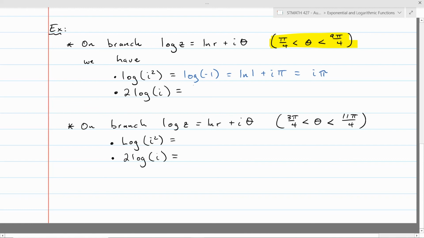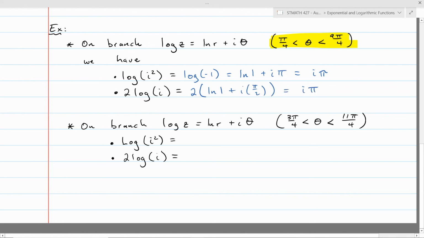And then if you do 2 times log of i, for i, the angle is pi over 2. That's the right angle in this yellow region, right? So I'd get 2 times, and then the modulus is again 1, plus i times its angle, which is pi over 2. Natural log of 1 is 0, so you end up with, again, i pi.